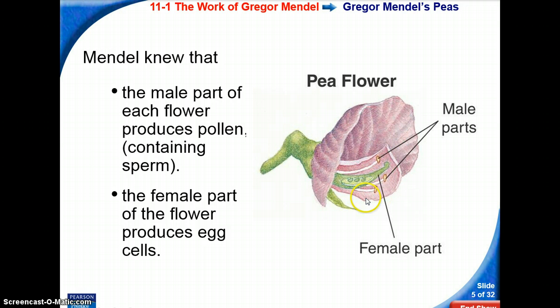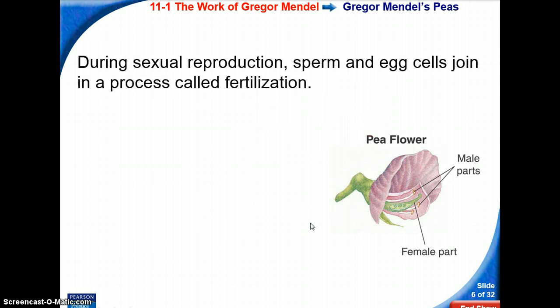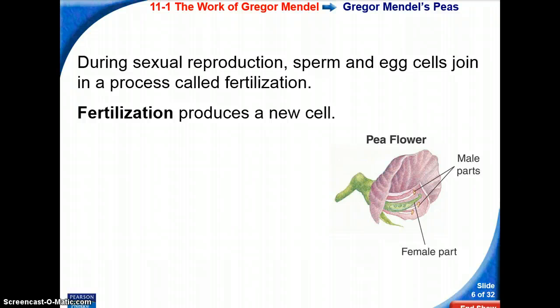He knew that these parts had the pollen and that these parts had the egg, and that during sexual reproduction, these sperm cells joined up with the egg cells in a process called fertilization. And what happens during fertilization, which you might already know, is that it produces a new cell.